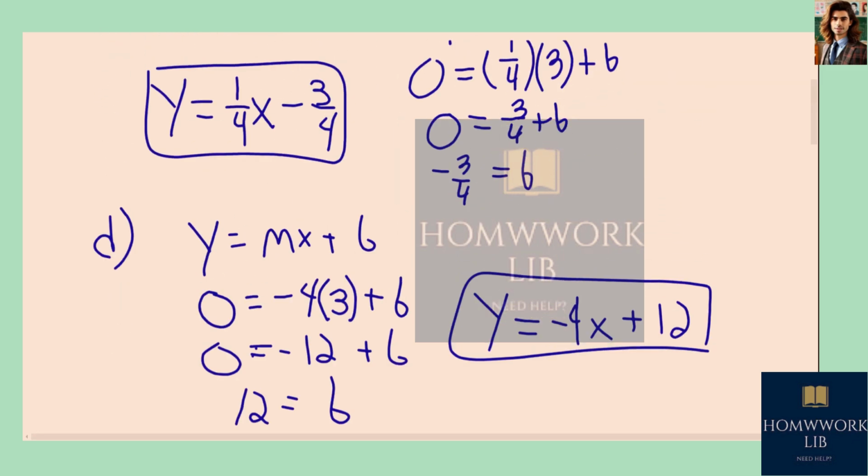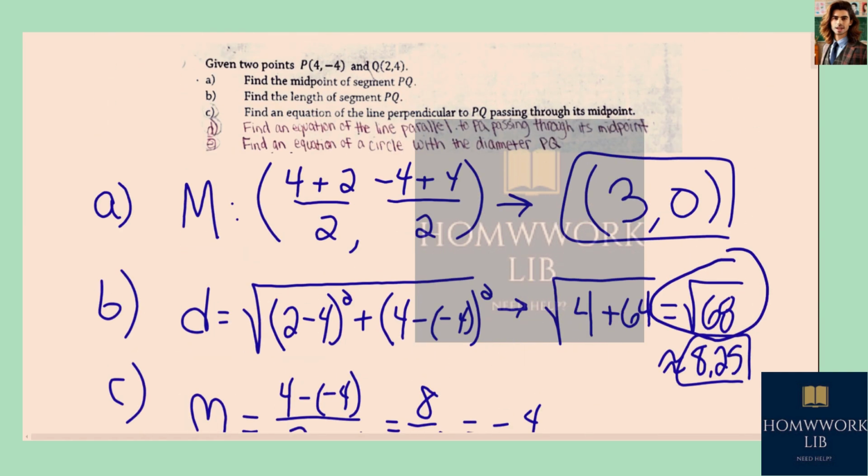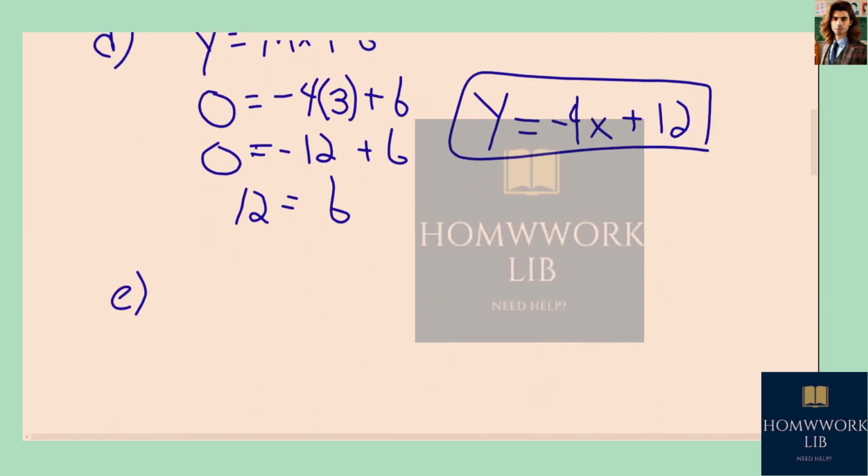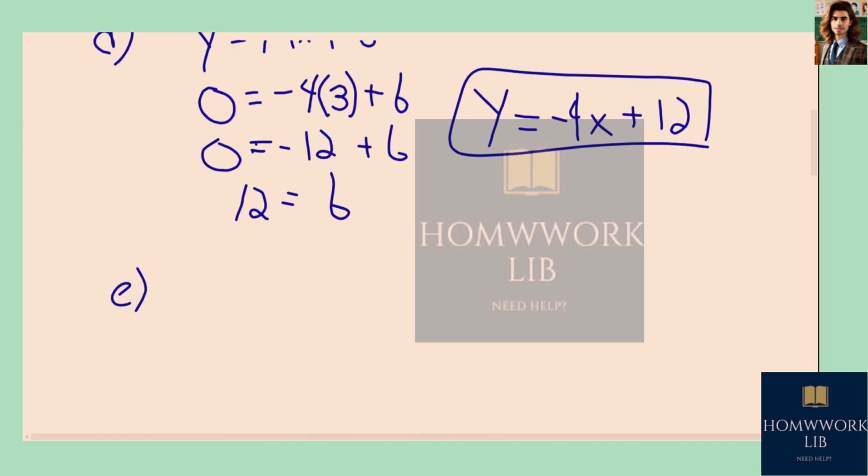And finally, E, we want to find an equation of a circle. An equation of a circle centered at 3, 0 would be x minus 3 squared plus y minus 0 squared, or just x minus 3 squared plus y squared. That's centered at 3, 0. And we're equal to the radius squared.